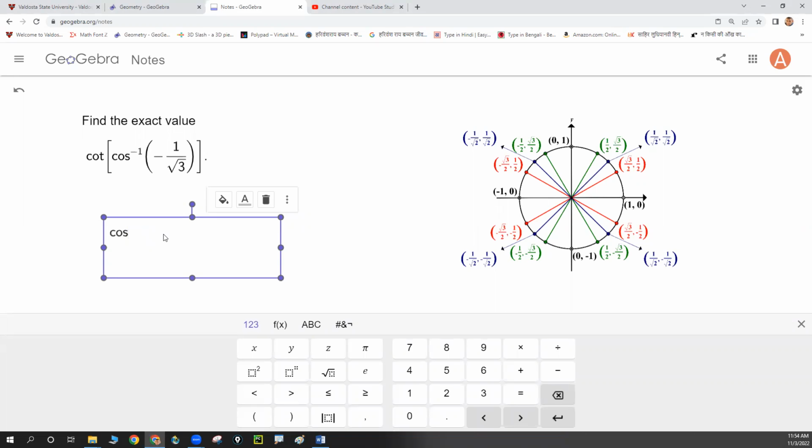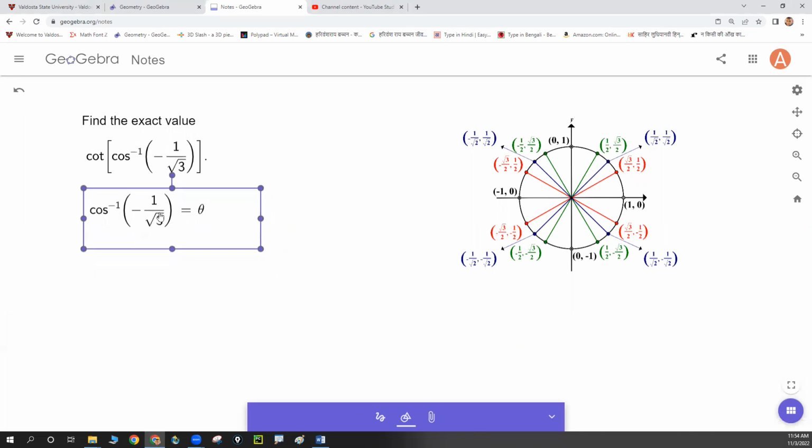Cosine, we can say this. Now, theta has to be in the upper half of the unit circle. That's understood because that's the range for cosine inverse functions.